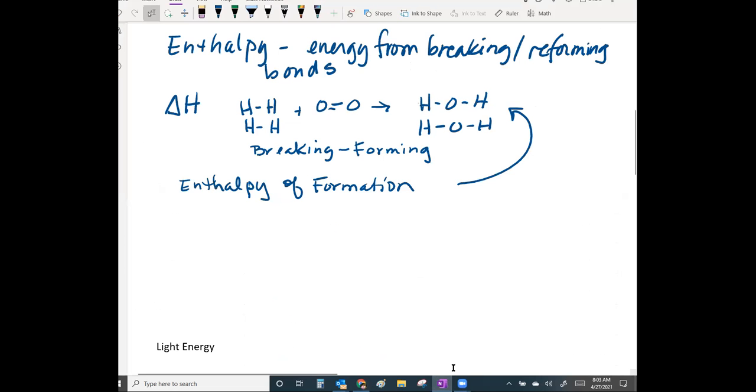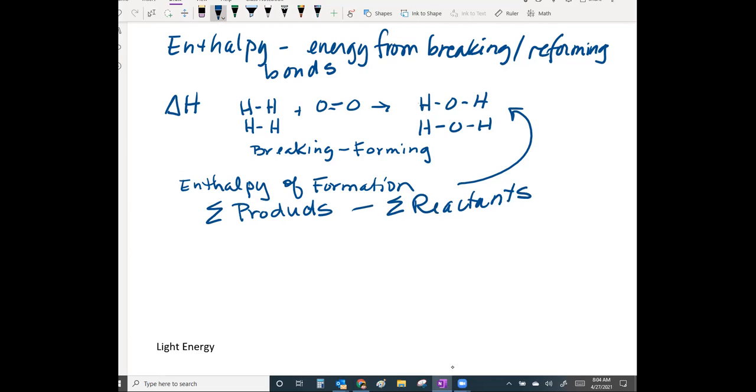So enthalpy of formation, you do the sum of the products minus the sum of the reactants. So if you were doing the energy for combustion, say, of methane, so what you would do is you would figure out the energy for the products, which are right here.